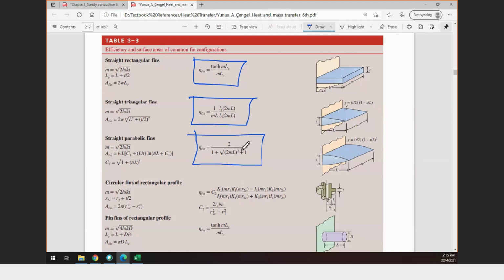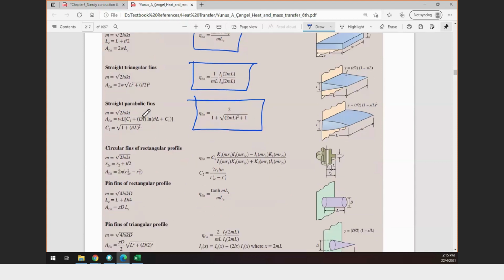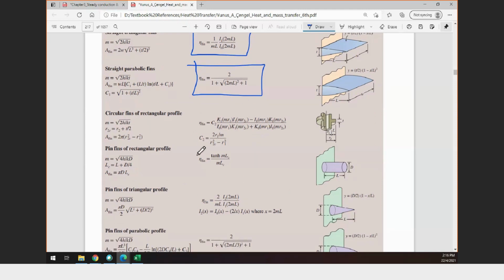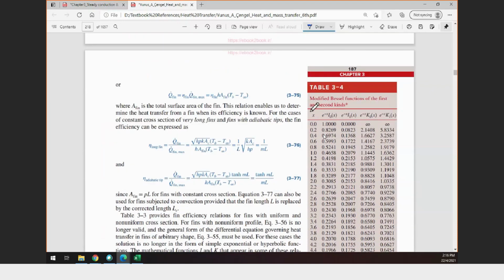Okay, so the same goes for the next geometry, the straight parabolic fin. Circular fin, they have their own fin efficiency calculation. Okay, this one is a bit complex. There is a Bessel function as well as I and K. Where can you get the K value? Here.